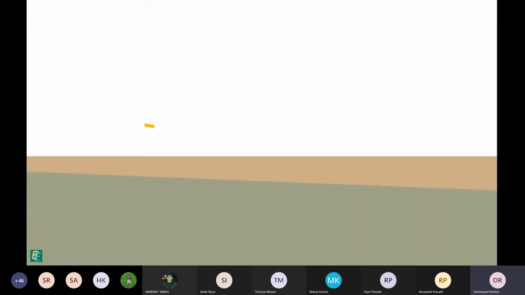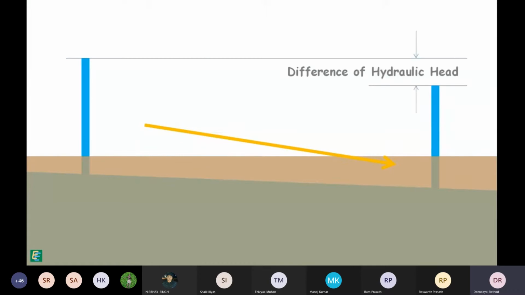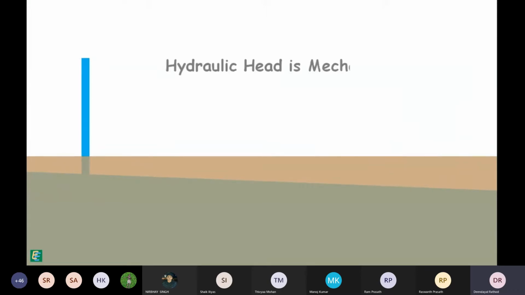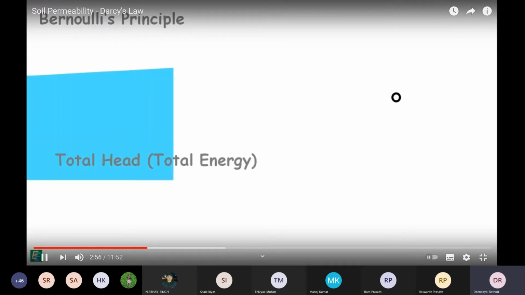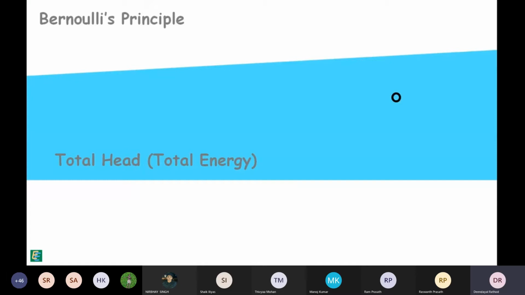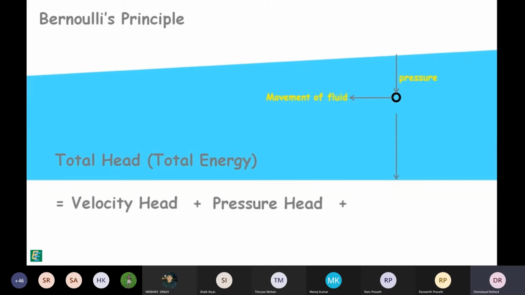Water in the soil flows from one point to another only if there is a difference of hydraulic head. The hydraulic head is the amount of mechanical energy available at any point in the water. From Bernoulli's principle, the total head or total energy at a given point in the fluid is the energy due to the movement of the fluid, which we call velocity head, plus the energy due to pressure, which is called pressure head, plus the energy from the height of the fluid relative to any arbitrary datum, which is called elevation head.